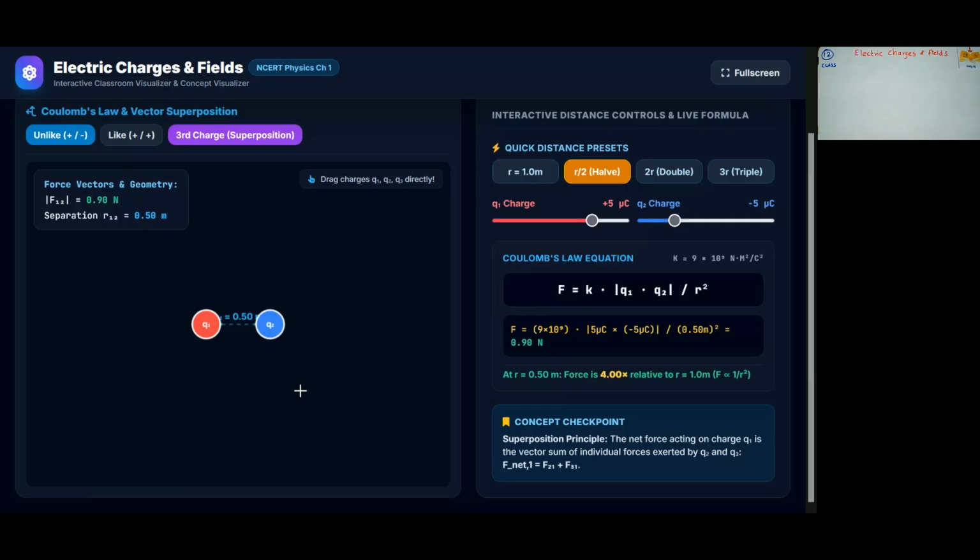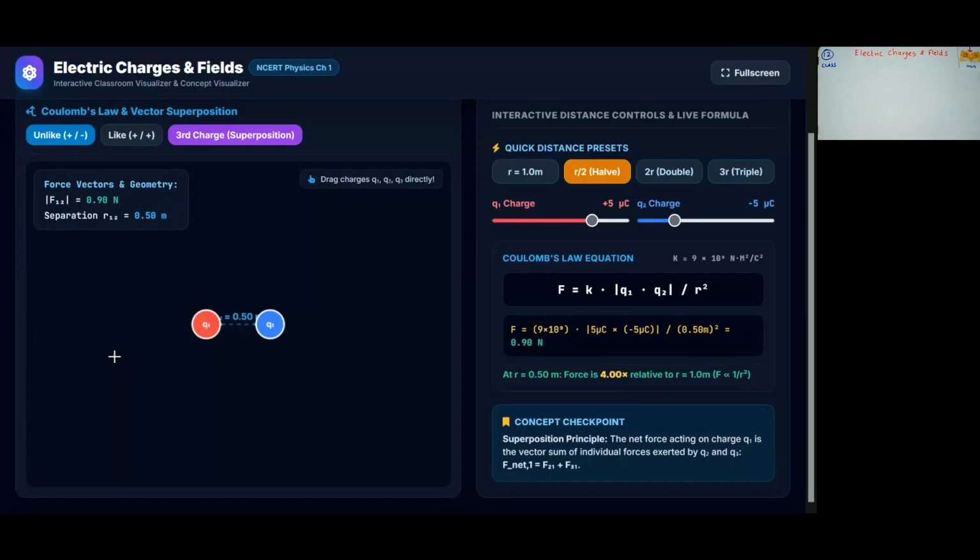So previously I put 1 meter, now 0.50 meter. Now look at the green color value, 0.90 newton. The live calculated force rises from 0.23 newton in the previous case to 0.90 newton.